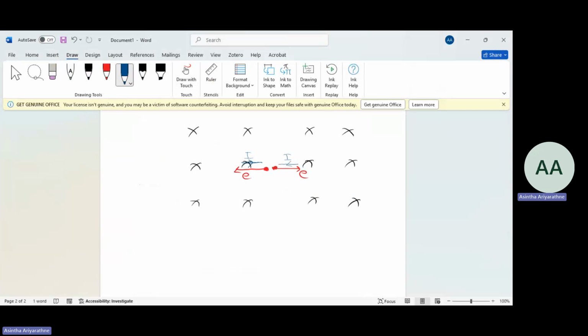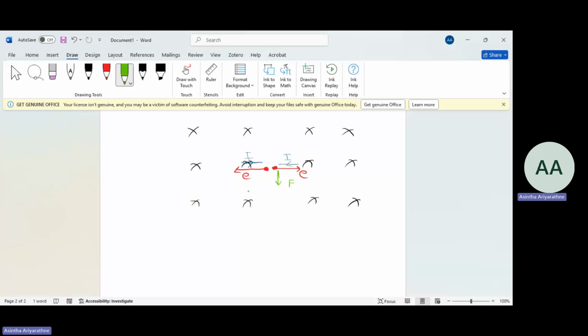Then apply Fleming's left hand rule. The magnetic field is into the whiteboard. For the electron moving towards right, the current is towards left, and the force is acting downward.